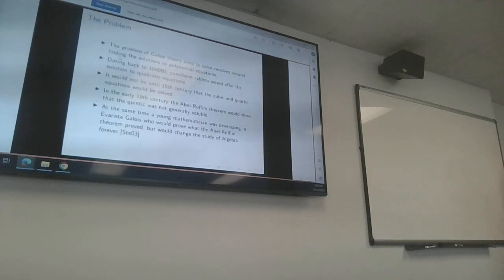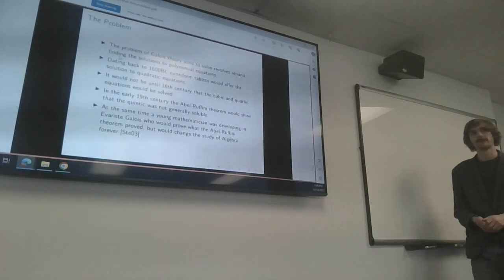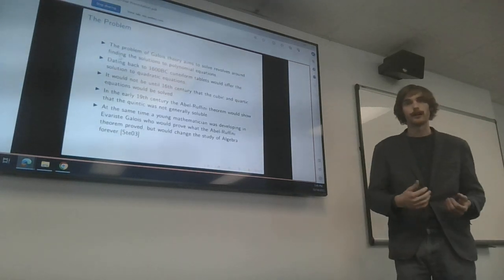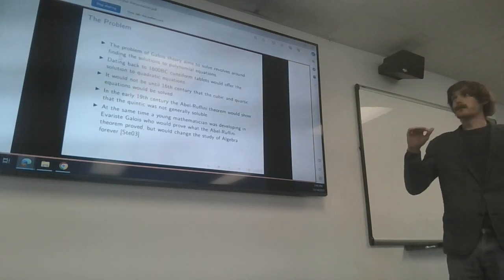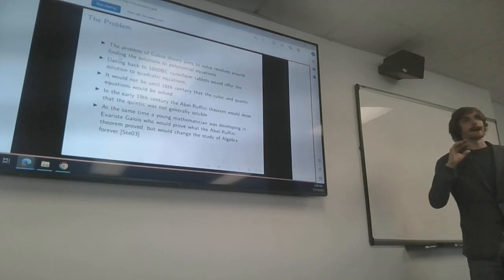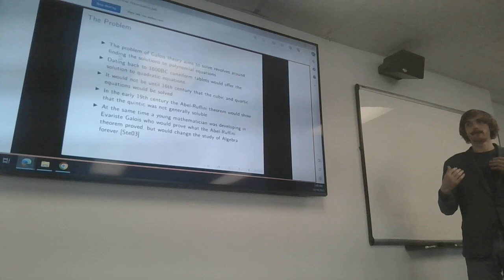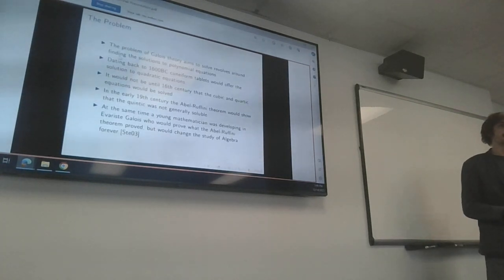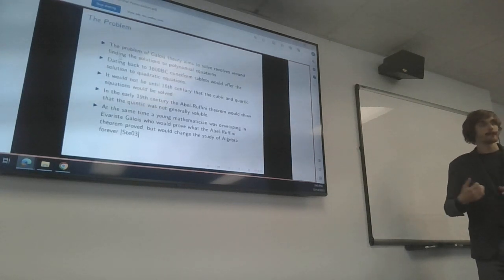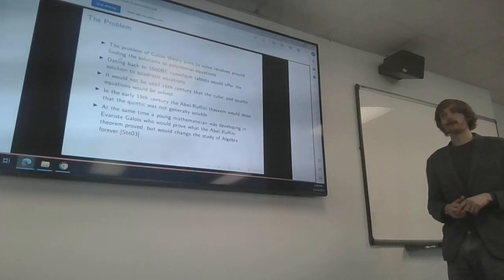So for the history of Galois theory, I think we should start with the problem that Galois theory was actually trying to solve. One of the big problems it was looking at was the solubility of polynomial equations of certain degrees. It starts back in Babylonian times, really.